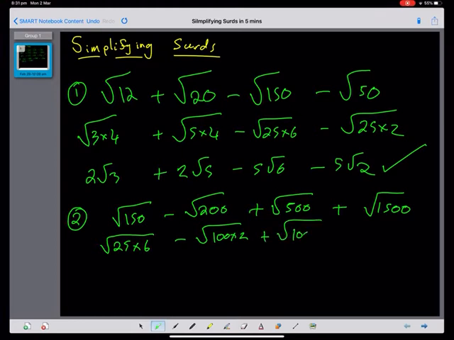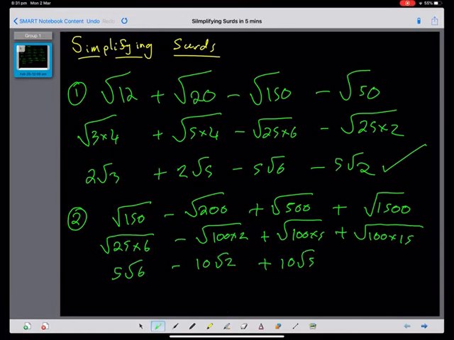This is 100 multiplied by 5. And this is 100 multiplied by 15. Okay, so this is 5 root 6 minus 10 root 2 plus 10 root 5 plus 10 root 15. Okay, so we can't collect any like terms there, so we leave the answer in that surd form.